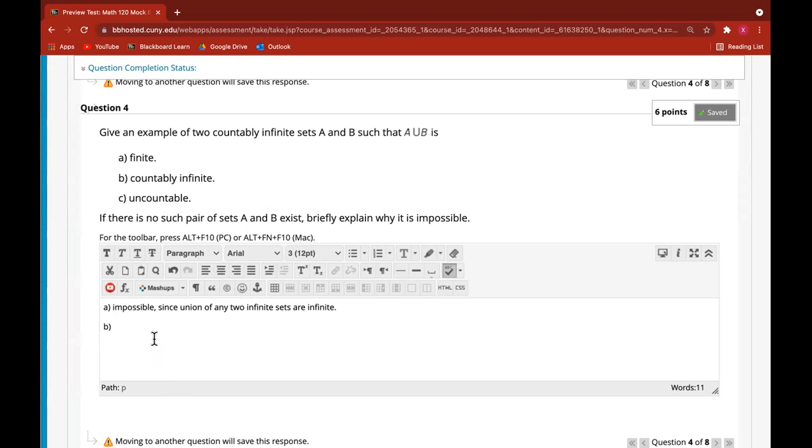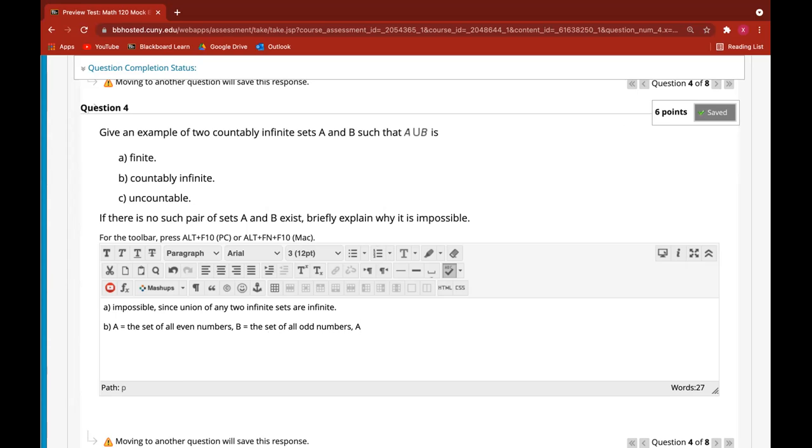Now for B, can we find an example where A union B is countably infinite, where A and B are countably infinite? Yes, let's say A is the set of all even numbers, B is the opposite, so B will be the set of all odd numbers.